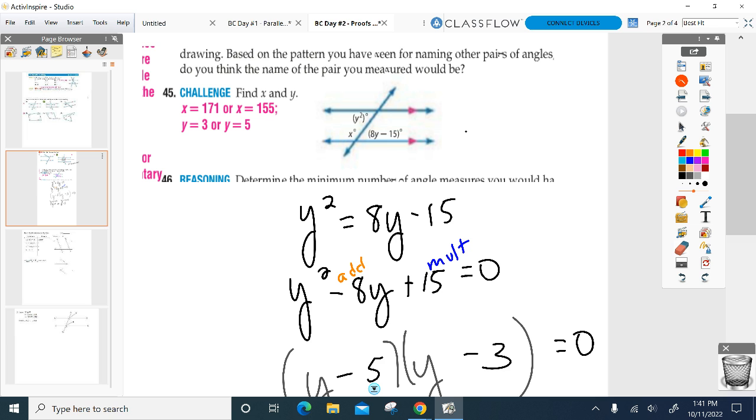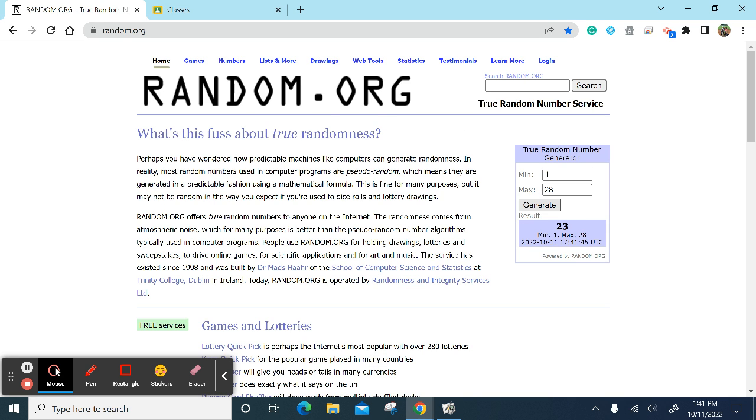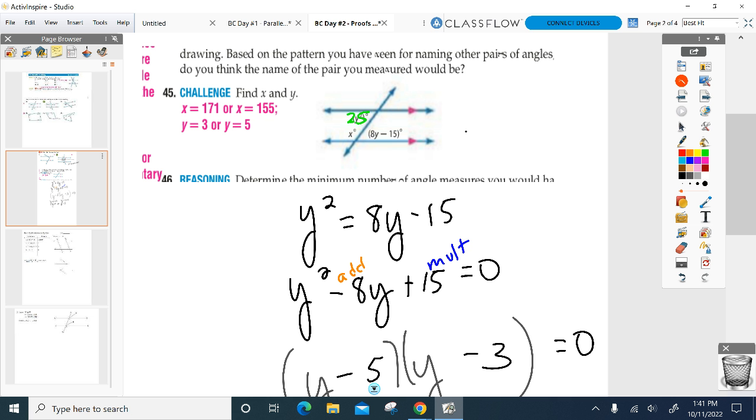So let's start with y equals 5. If y equals 5, what's this y squared angle then? 25, because you square it. We're all good there? What's the relationship between the 25 and that angle x? Those are what type of angles? Inside or outside?